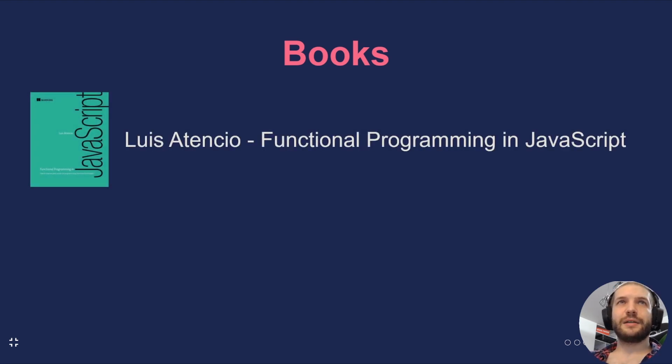One is Luis Atencio's Functional Programming in JavaScript, which I really recommend. Here you can find lots of information about functional libraries like Lodash or Ramda, but not only that, also the stuff about JavaScript and functional JavaScript.